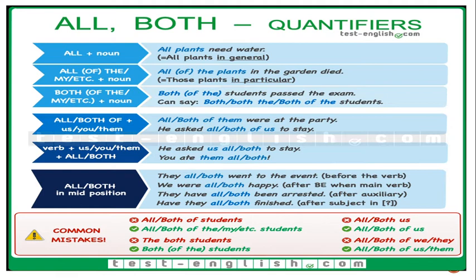When we use both: both of the students passed the exam. Both, me and another person. Both of them were at the party. He asked all or both of us to stay. He asked us all to stay, otherwise he asked both to stay.